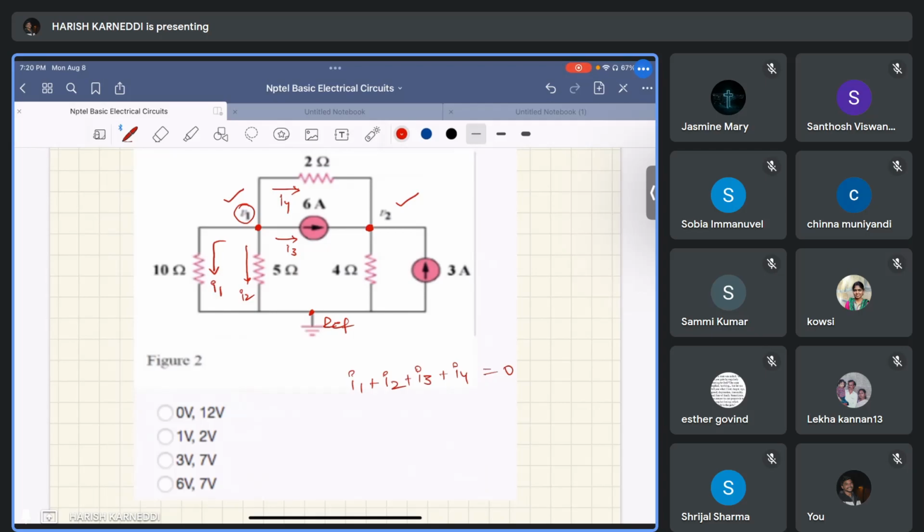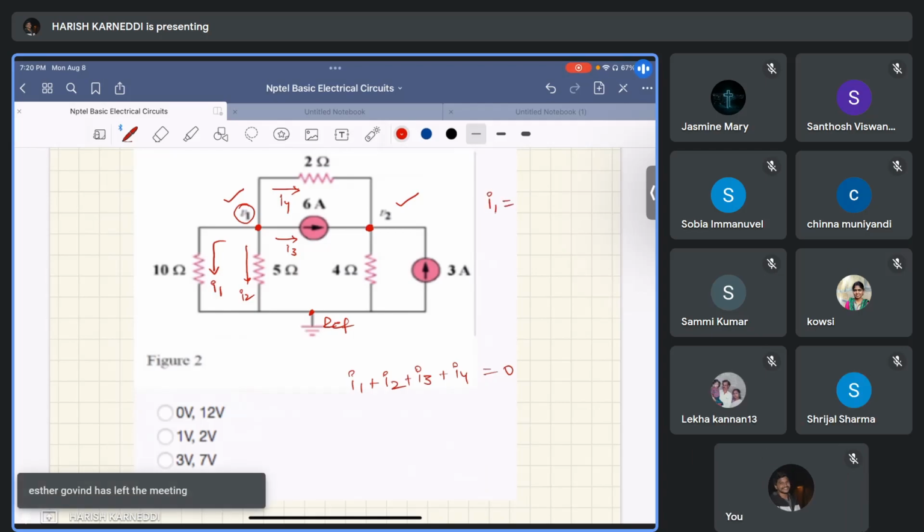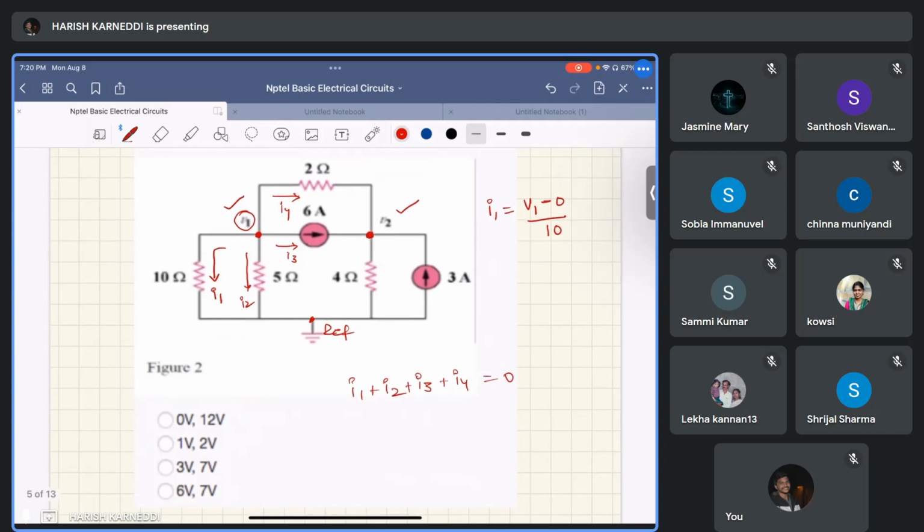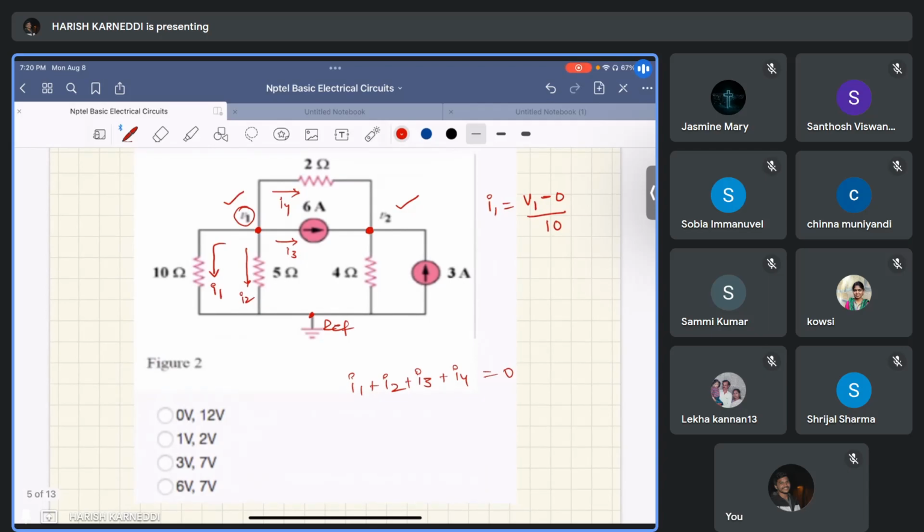Okay, this I1 equal to, at node 1 the voltage is V1, and at reference the voltage is 0, and the resistance is 10 ohm. That I1 equal to V1 minus 0 by 10 ohm.